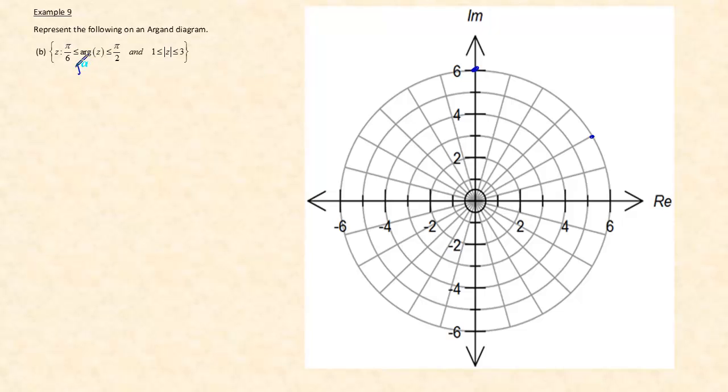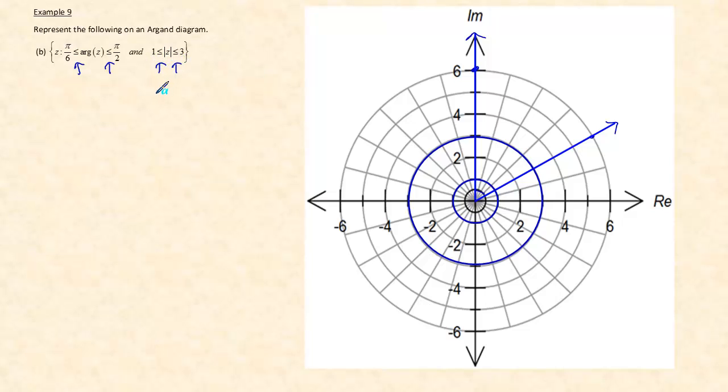And note that all of these are less than or equal to's, so we can draw all of the boundaries as solid. So what we're going to need here is this one and this one. So that's going to be like that.